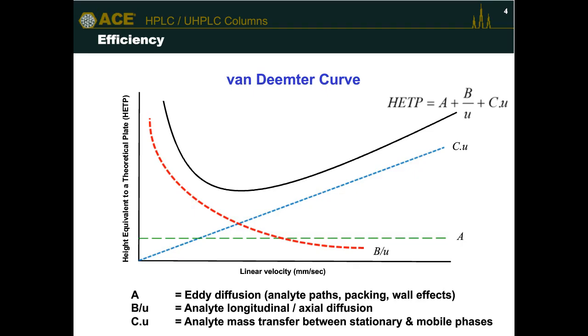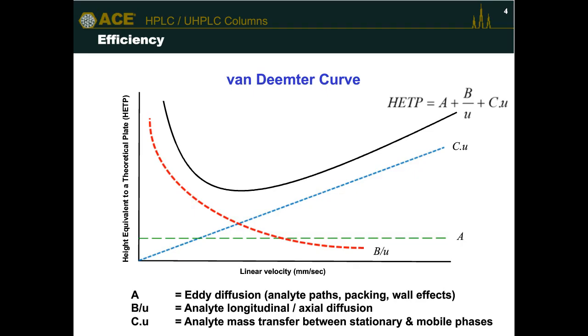I think when this technology was first introduced, everyone said, oh, the C term is really, really flat with these solid core particles, and that's the explanation as to why we get higher efficiencies. But a lot of work has been done since their introduction, and we now have more evidence that the B term is the highest contributing factor to reducing the height equivalent to a theoretical plate.